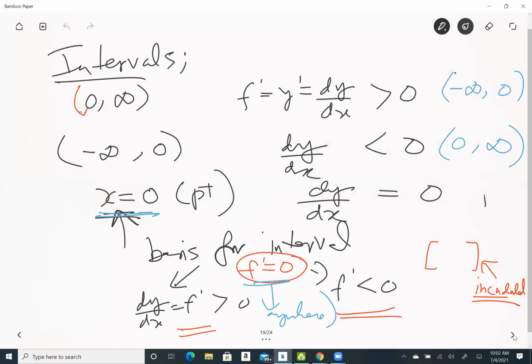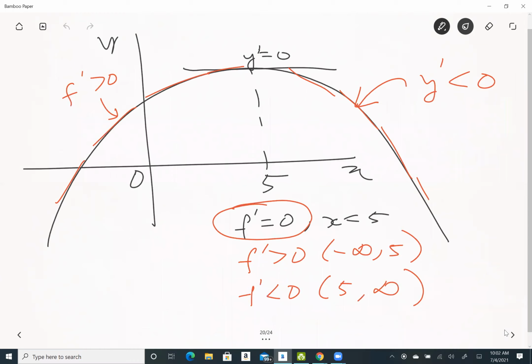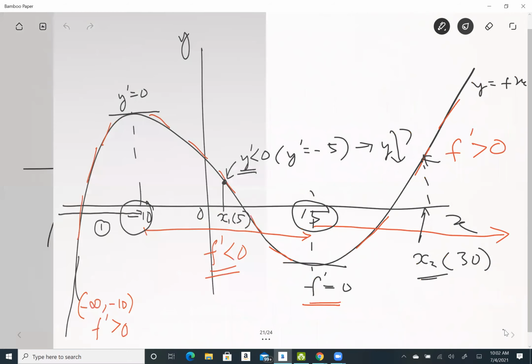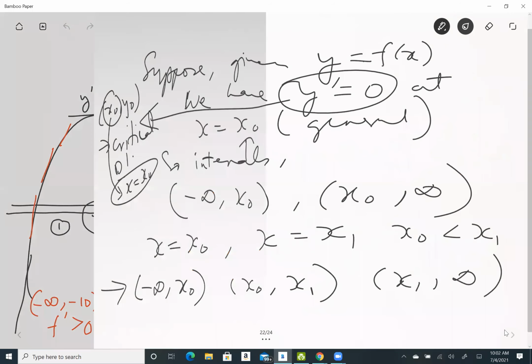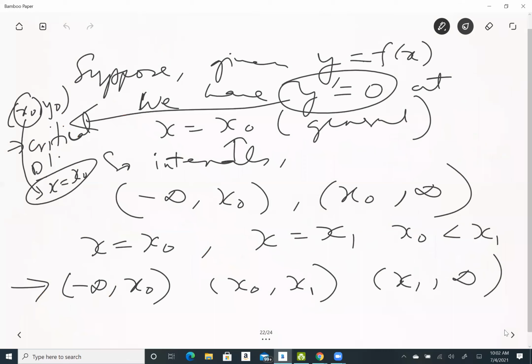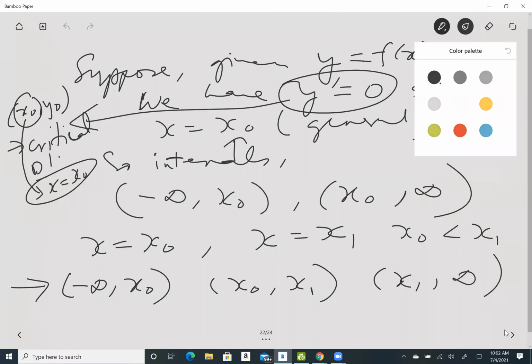I think I did mention it once or twice, but I didn't go into detail of it. So now I'm going to make it more formal. The point where y prime is equal to 0, that is what you call critical point.